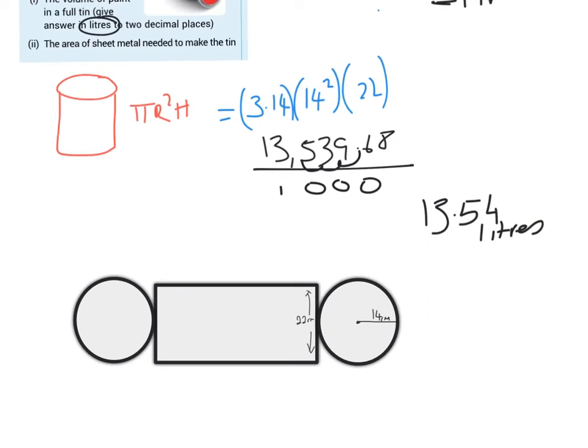Now I am aware that to find the area of this circle here, it's going to be pi r squared. I presume we're still taking pi as 3.14. So that's going to be pi r squared, which is 3.14 times 14 squared. That's going to be the exact same for the other circle, pi r squared.